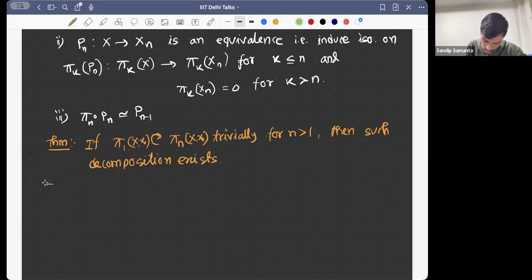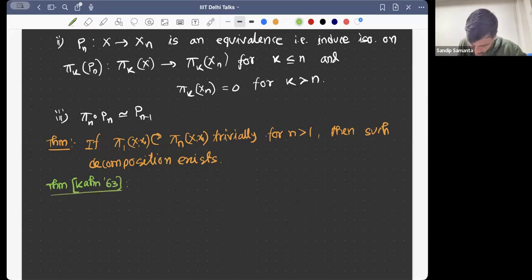So that's another theorem by Kahn, 63. It says that the decomposition is functorial.